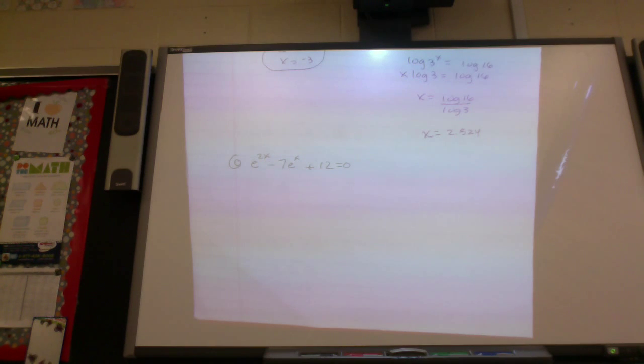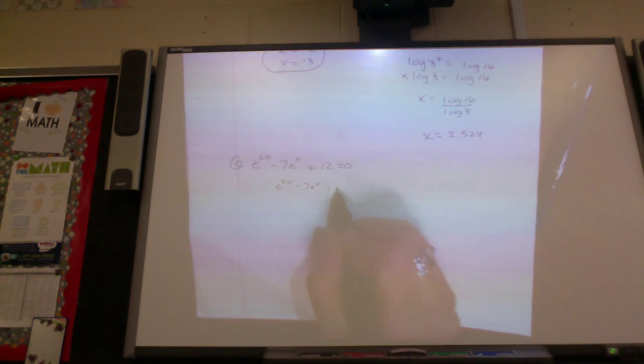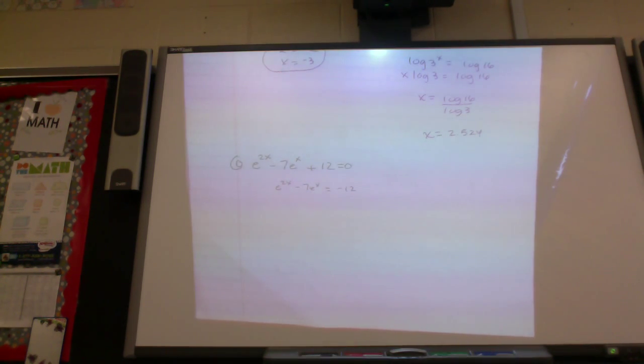Is there any way to do that? So subtract 12. Okay. Then what will we do after subtract 12? Put the 7 in front of the x. Put the 7 where? In front of the x. Instead of putting the exponent in front of the e, you put it back. Or would you do the opposite?